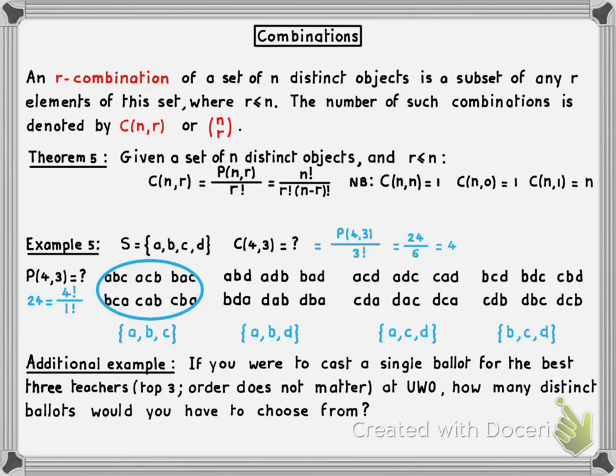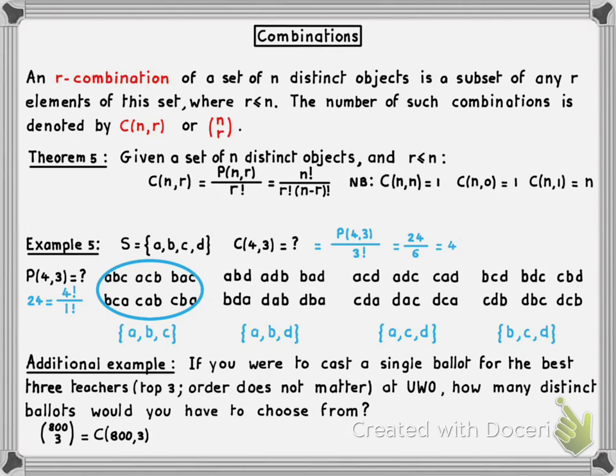Well, since the order of the top 3 teachers does not matter, what you're really doing is choosing a subset of size 3 out of the set of 800 teachers. So the answer to this question is simply 800 choose 3, or in other words, C(800,3).